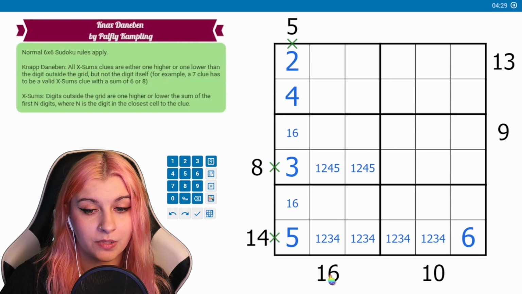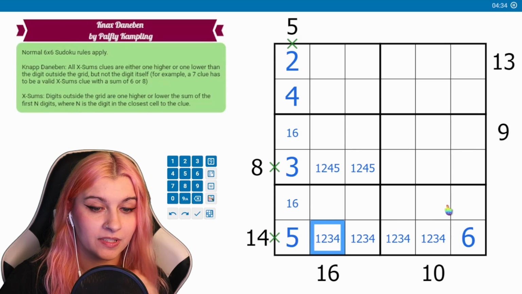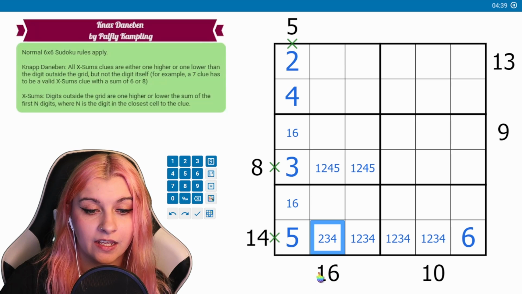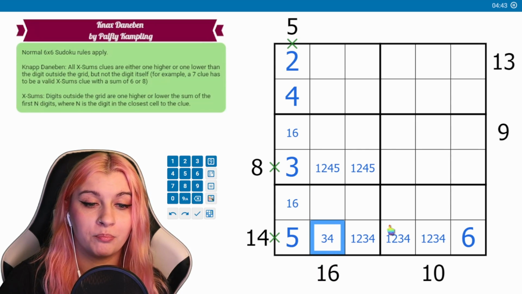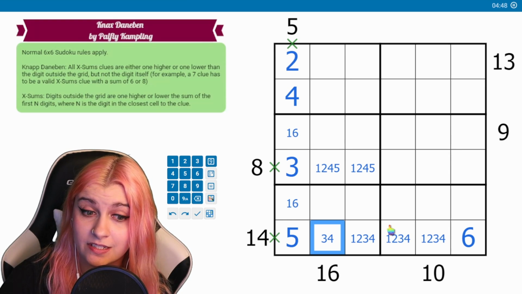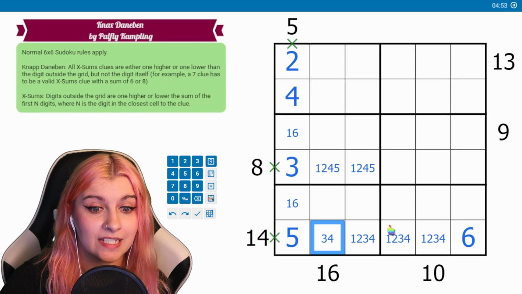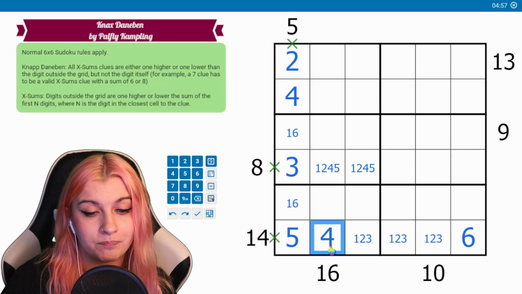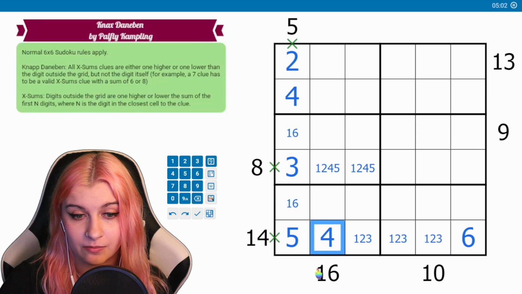16 here being 15 or 17. I don't want this to be a 1. In a 6 by 6, I can't get 15 or 17 in only 2 cells, so this won't be a 2. The biggest that 3 cells could be, considering that one of them needs to be a 3, would be 3, 5, and 6. 3 plus 6 is 9, plus 5 is 14, which is still not big enough, so this does need to be a 4. 4 cells to get 15, or 4 cells to get 17.